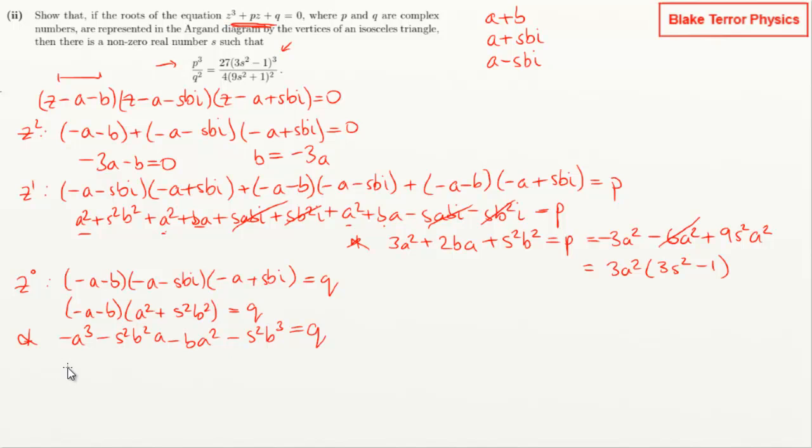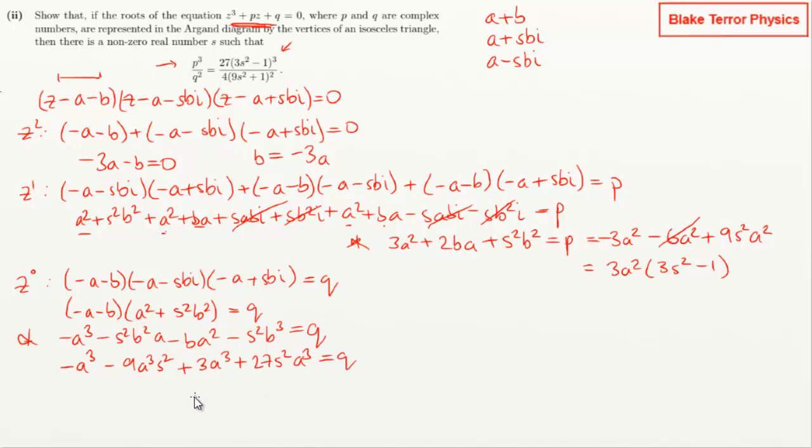So I can do a similar thing on this one then and have, oh dear, right, so that minus a cubed. So the b squared, it will still be minus because I'm going to square that one. So that's going to be 9a cubed s squared. This will then become a plus. So it'll be a plus 3a cubed. And then this one will also be a plus 27s squared a cubed is equal to q.